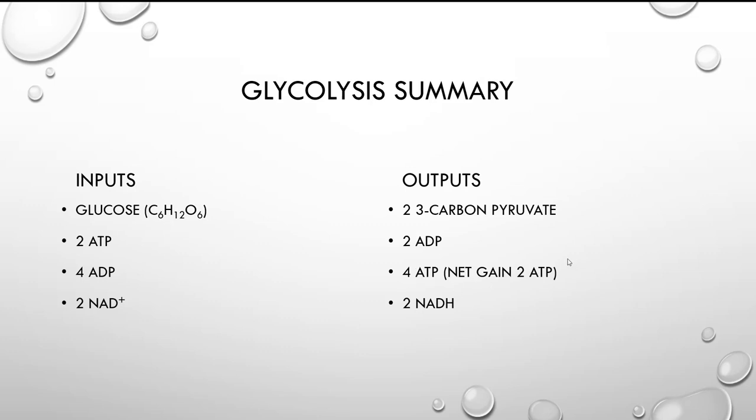So if we add it all up, we gained 2 ATP total from this whole process. And then the 2 NAD plus got 2 electrons to form 2 NADH. All right. So that is the inputs and outputs of glycolysis.